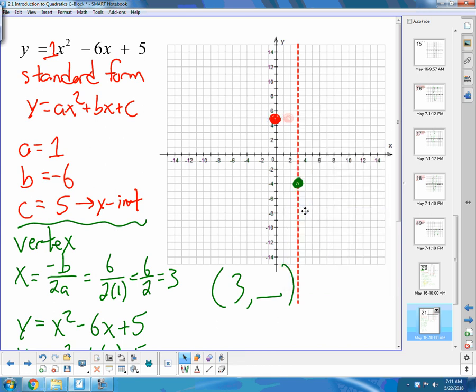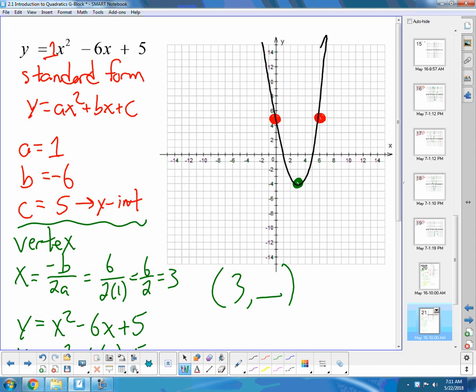I'll use symmetry. I can drag a point over to here. I have some symmetry. I'm going to delete the axis of symmetry because that's not really part of the graph. I just used it to help us out. We have 3 points, and I will freehand my smooth curve as best I can.